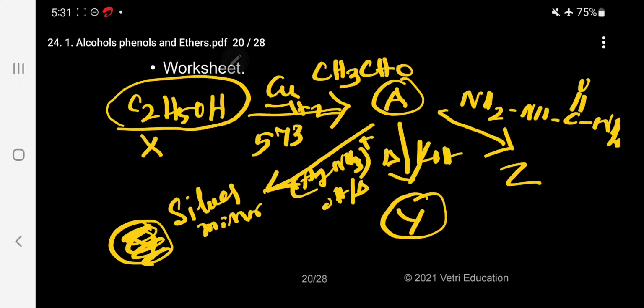We have identified A as acetaldehyde. Then, with Tollens reagent, the aldehyde will answer for the silver mirror. That is 100% correct, because only aldehyde will answer, ketone will not.